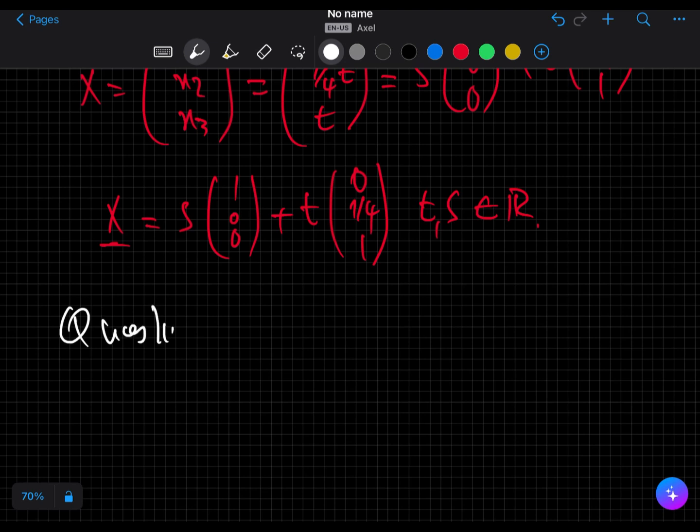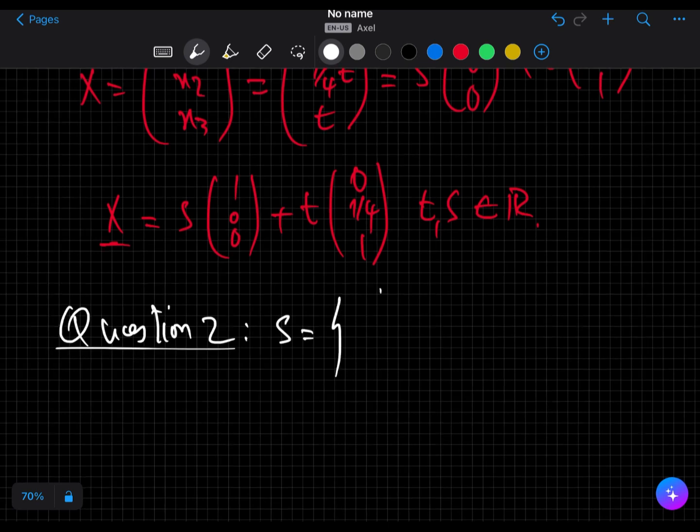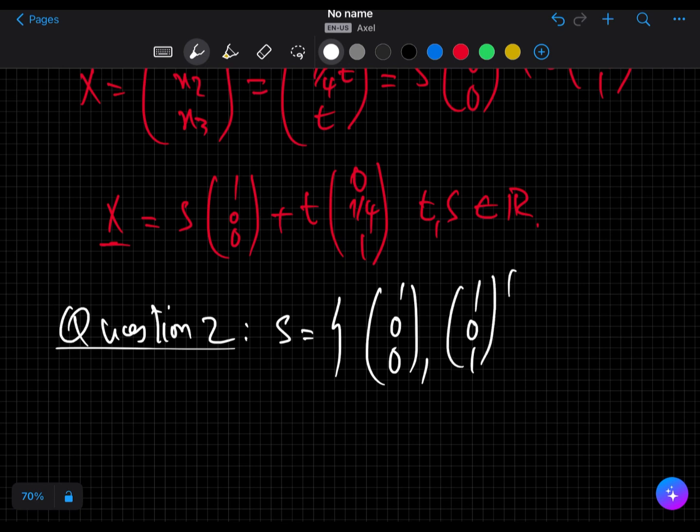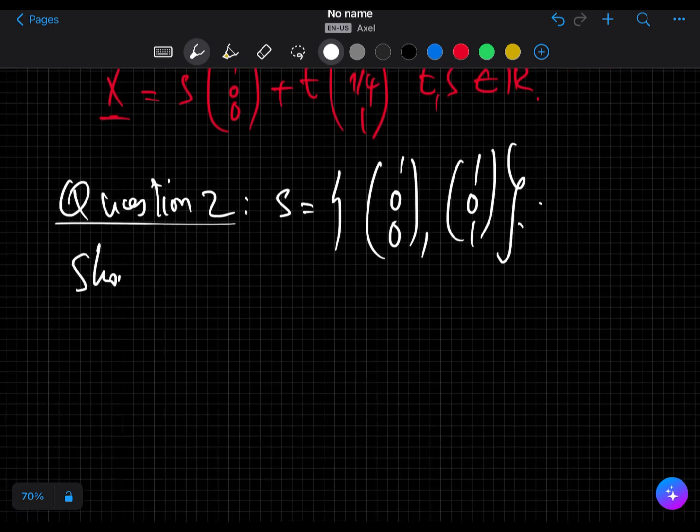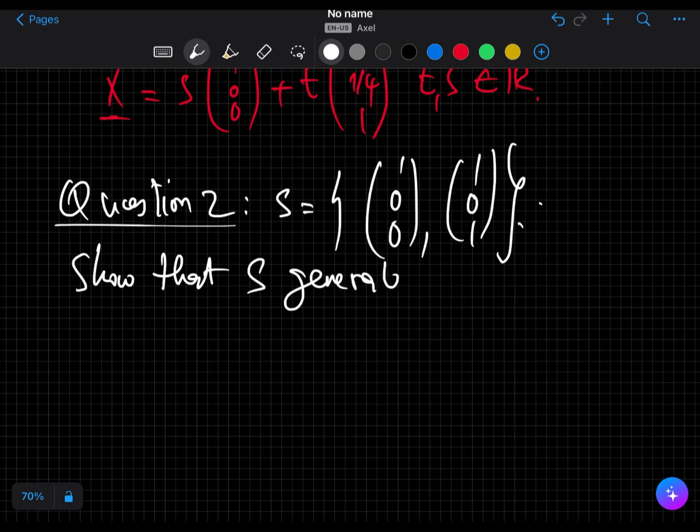Question 2. You have a set S given as (1, 0, 0) and (1, 0, 1). And the question is, show that S generates the XZ plane in R3.